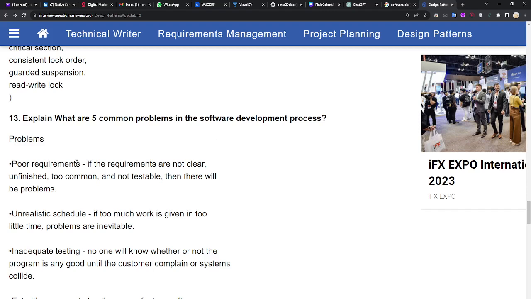المشاكل: اول حاجة poor requirements، يعني متطلبات سيئة او فقيرة.